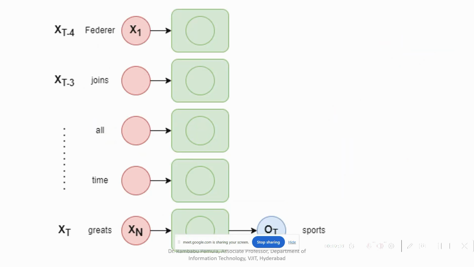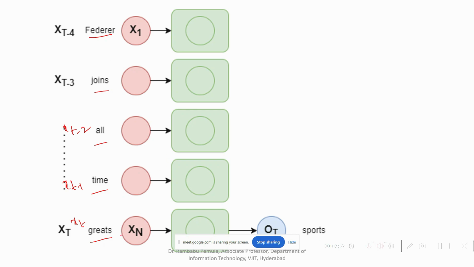Now these are the time stamps. We have 5 keywords: Federer, Giants, all time greats. These different words are called x at time t, x at time t minus 1, x at time t minus 2, x at time t minus 3, x at time t minus 4.